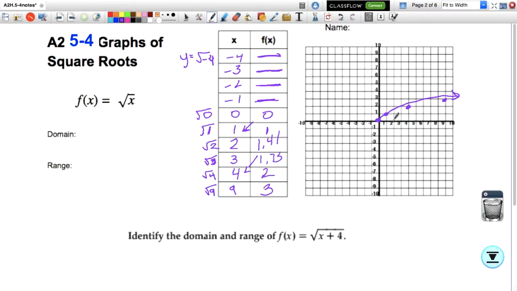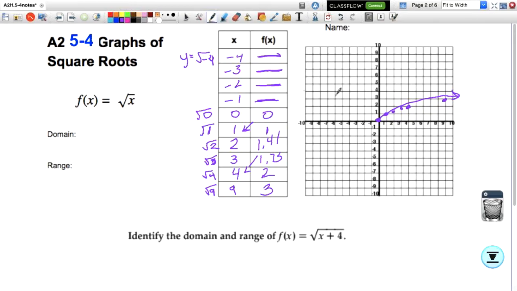So I could go over to 2, up 1.4, a little bit less than half. Go over to 3 to 1.7, right about there. And you could see, okay, yeah, that's going to start lining up nicely. And I know my curve that I drew isn't perfect, but you can imagine what this piece would look like here. Okay? So this is interesting because both our domain and our range are limited by this function.